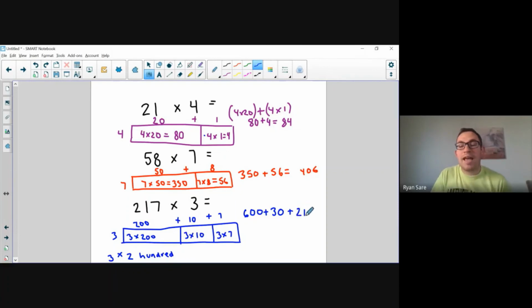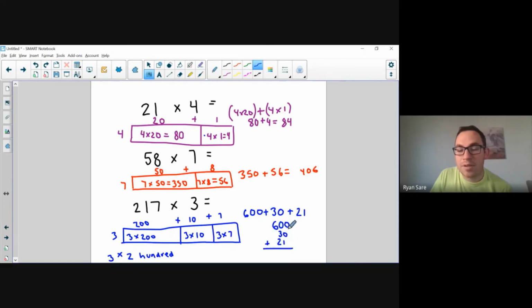And now we're going to add these all together, because it's just like finding the area for a rectangle, a complex shape. So we've got 600 plus 30 plus 21. And I can stack these on top of each other because I find that a lot easier. 600, 30, and 21.